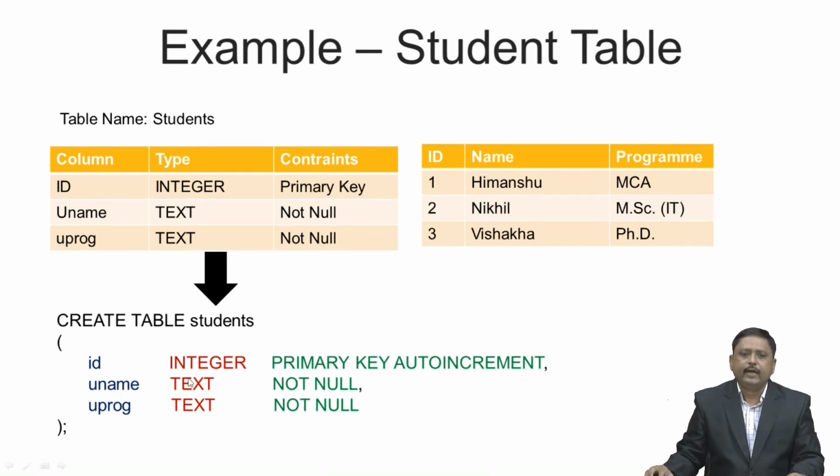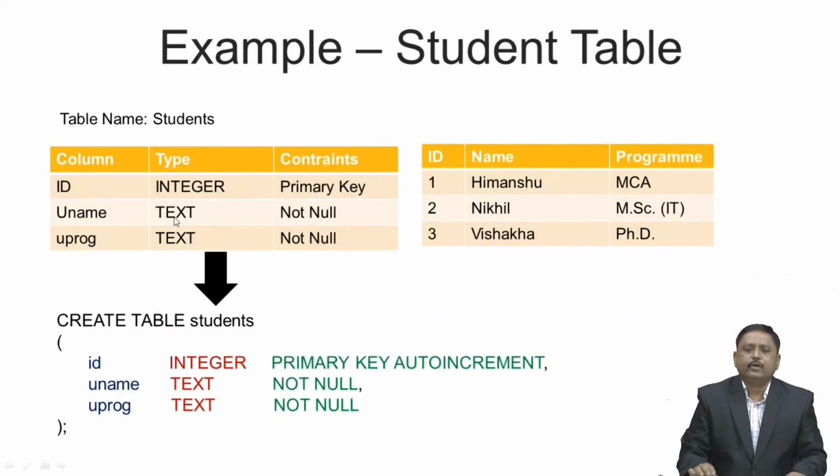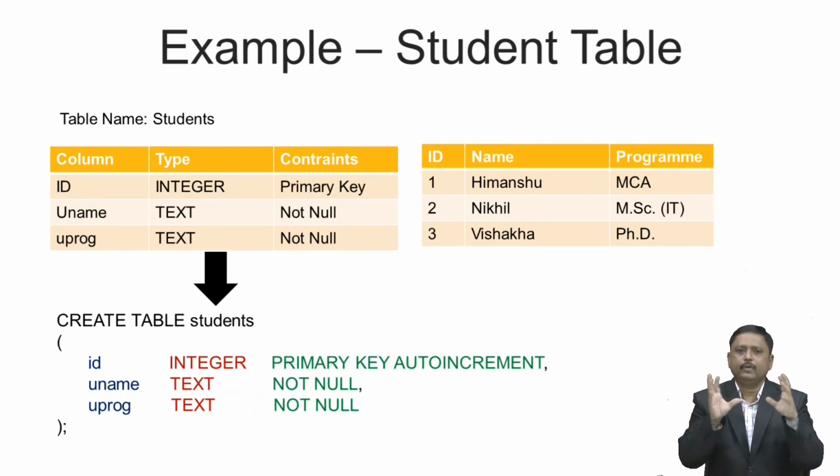We can execute this query using the execute SQL method, right. So, first you have to think of the data that you want to store in the SQLite database, then you create this logical schema, and based on the logical schema you specify its physical schema, and for that you have to write down these SQL statements.